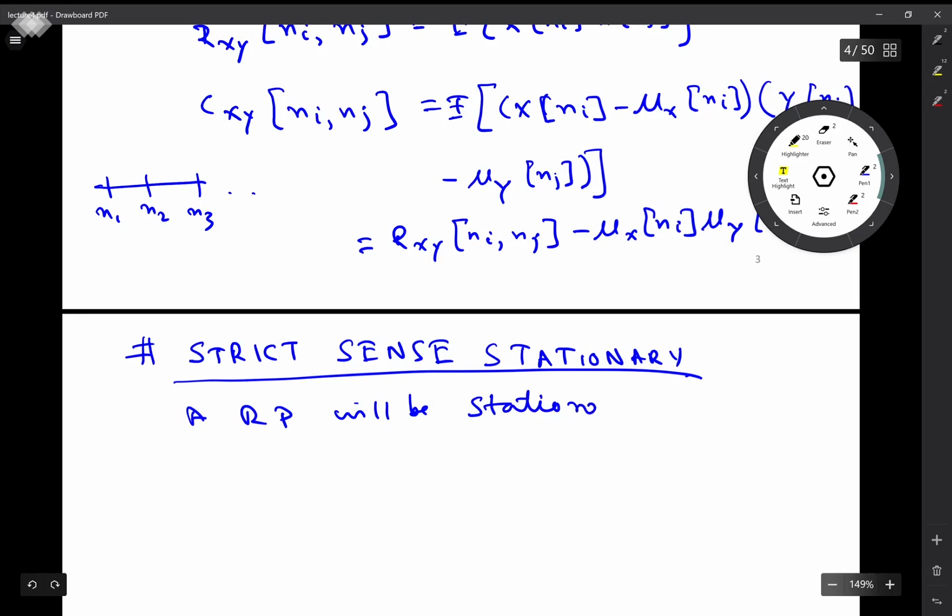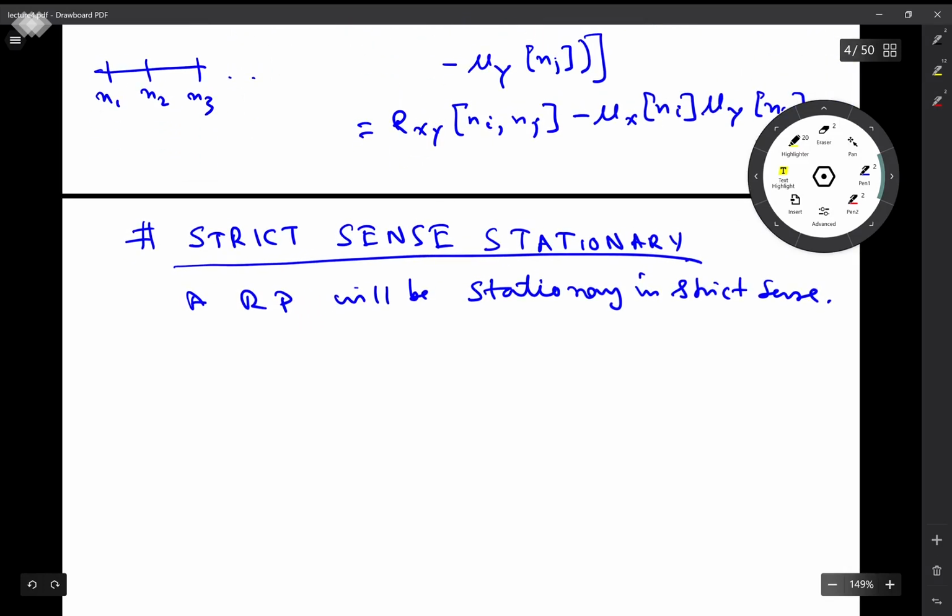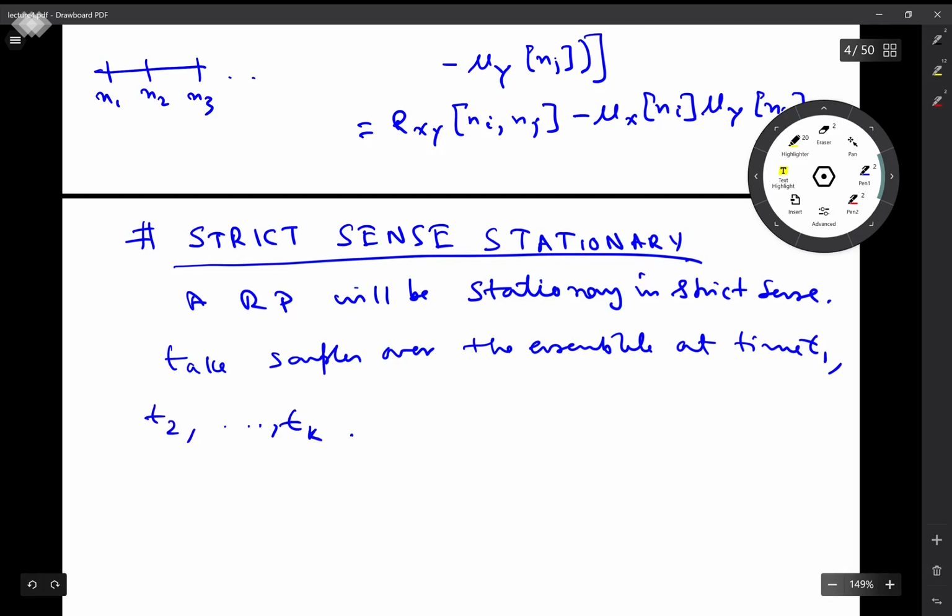Let's say we have a random process, we have realizations, we have the ensemble, and we take samples over the ensemble at times t1, t2, up to tk.